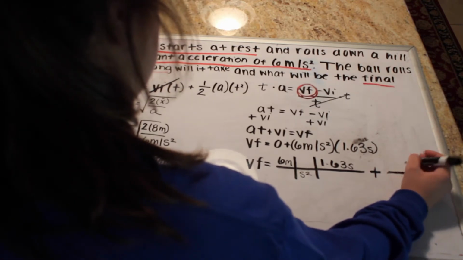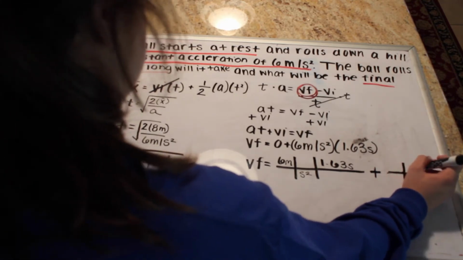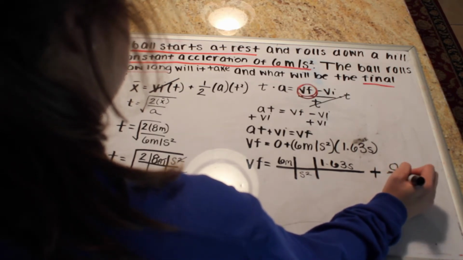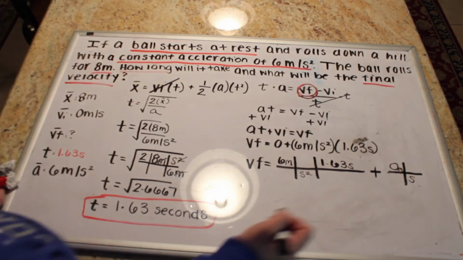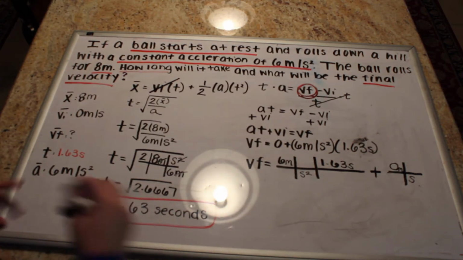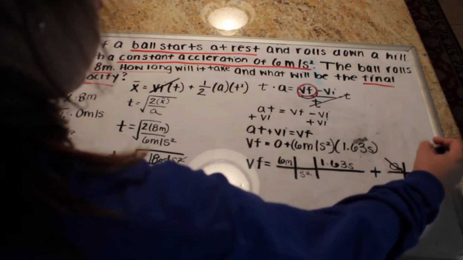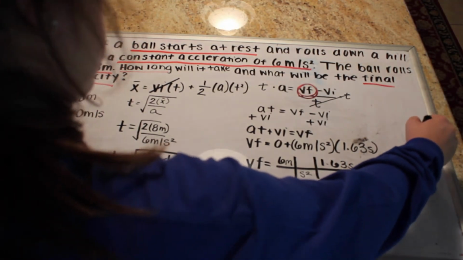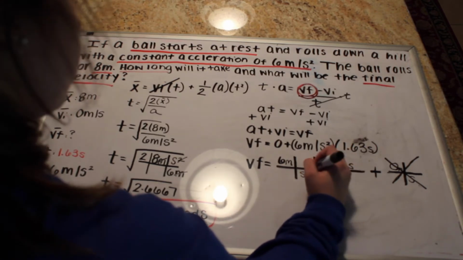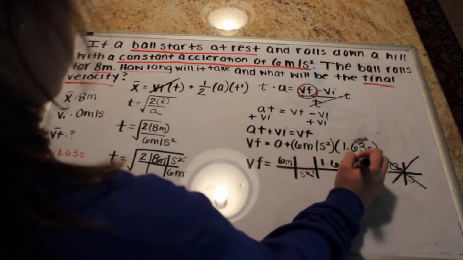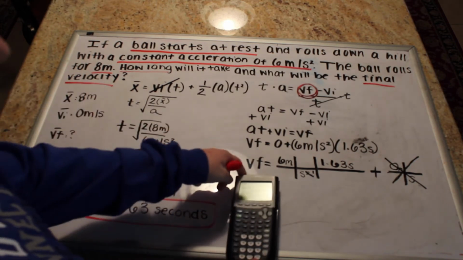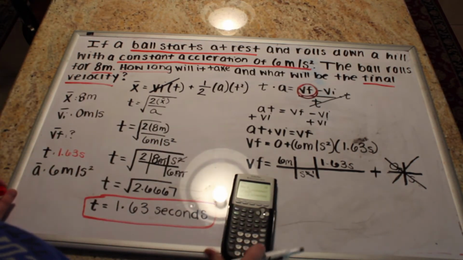The 0 cancels out. I'm going to multiply 6 times 1.63, and in this second squared, 1 second cancels out because there's 1 on the top as well.